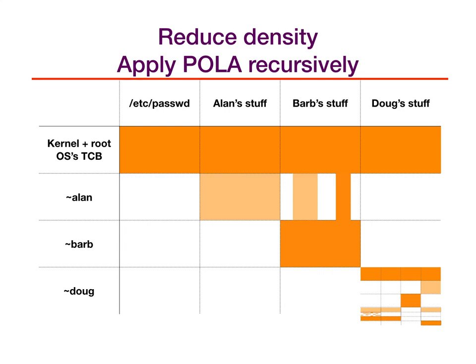So we assume, for example, that Alan runs CapDesk the way Doug runs CapDesk. So the limits on our reduction of the attack surface so far are represented by the boxes whose density has not been further reduced. And one of them is the TCB at each scale.